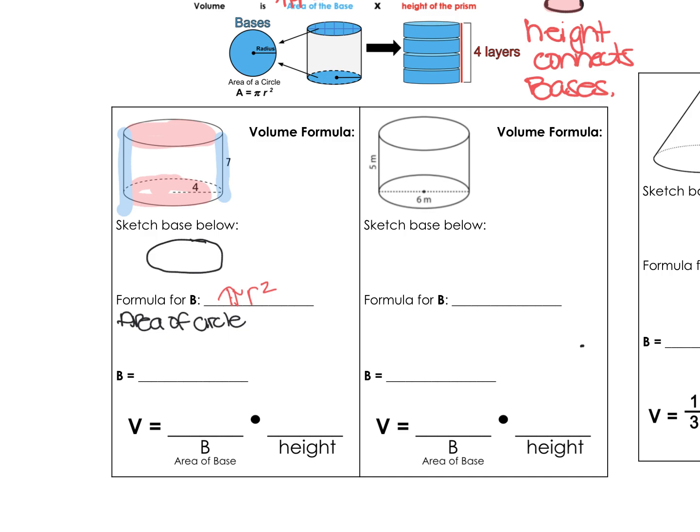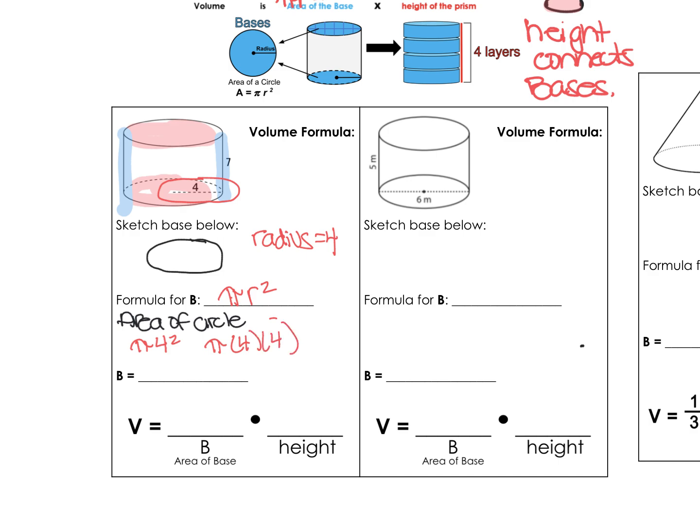Well, we need the radius. And it has given us the radius right here as a radius of 4. So to calculate that, I'm going to plug that into my formula, and I could do pi times 4 squared, or it's the same as pi times 4 times 4.